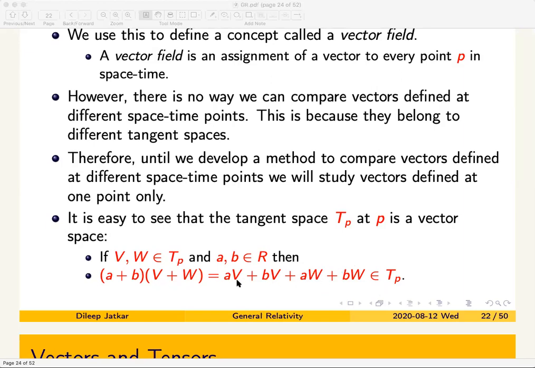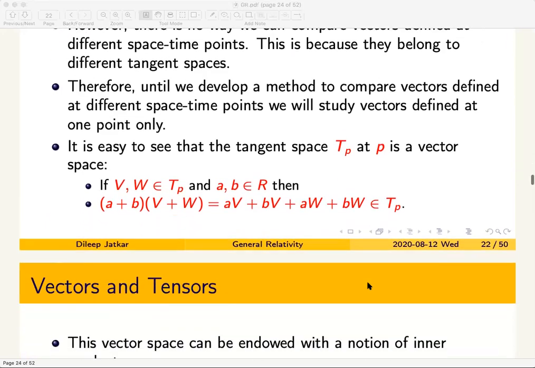And that would be another vector in the tangent space, simply because, as I said, all possible 4-vectors at a particular point constitute a tangent space. So if V and W are 4-vectors, then this linear combination is another 4-vector, and therefore it should be part of T_P. In that sense, it forms a vector space.